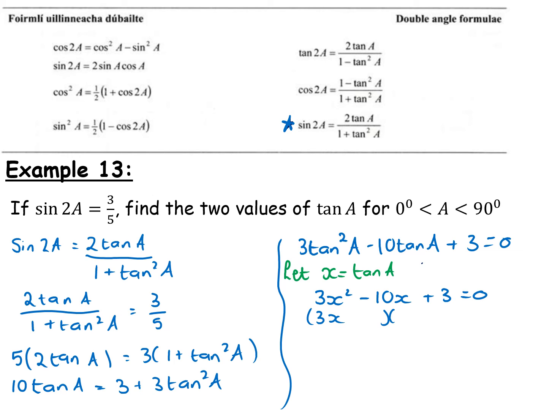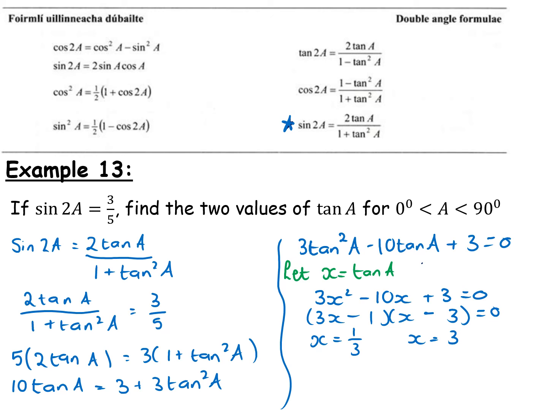When you factorise, you'll end up with the brackets as 3x minus 1 and x minus 3, and you get two answers. x is equal to a third and x is equal to 3.